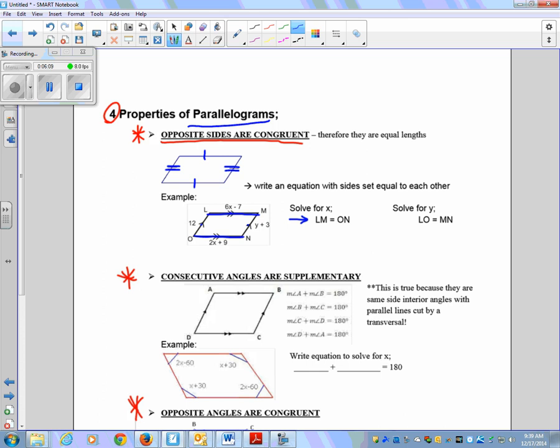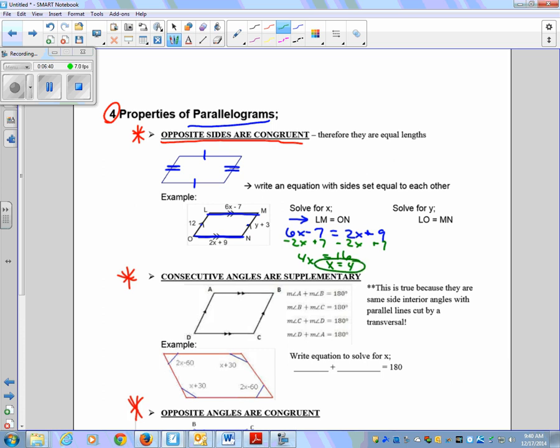What equation could I write to solve for x? Yep, Jared. 6x minus 7 equals 2x plus 9 because LM equals ON. Solve for x, and you get 4x is 16, or x equals 4.